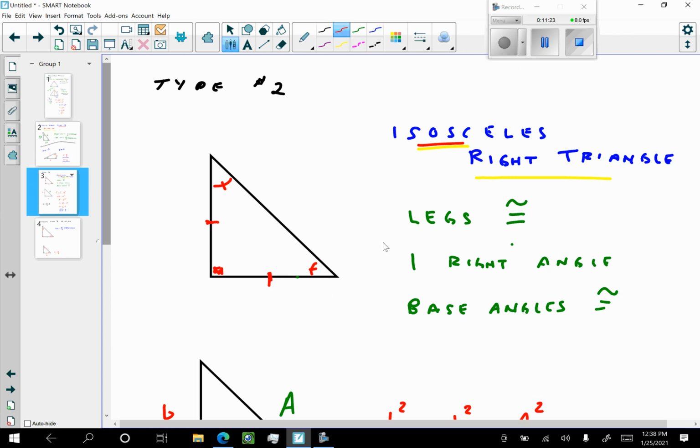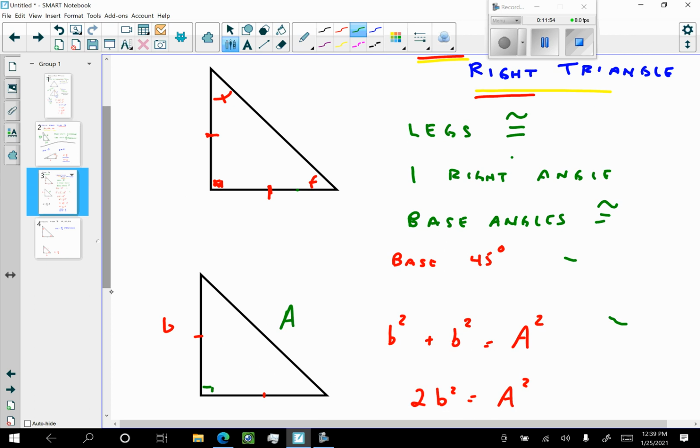Well, since it's a right triangle, what's the measure of the base angles? The base angles are 45 degrees. 45 plus 45 is 90, plus 90 is 180. So there's our other special type of right triangle, which we're going to call a 45, 45, 90. Let's investigate.